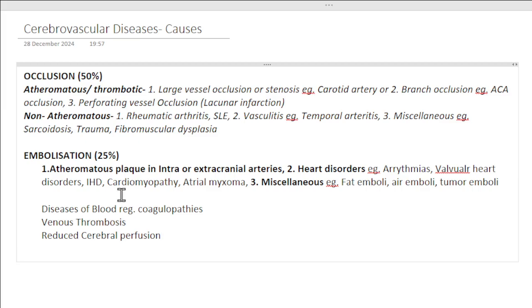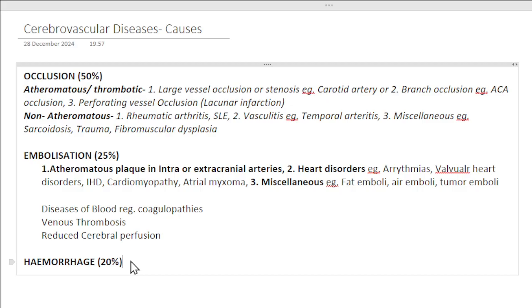Now we'll be talking about the other remaining factor, which is hemorrhage. This could be 20%. Okay, hemorrhage. So you can say brain substance or subarachnoid space.